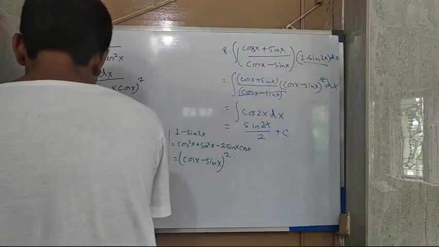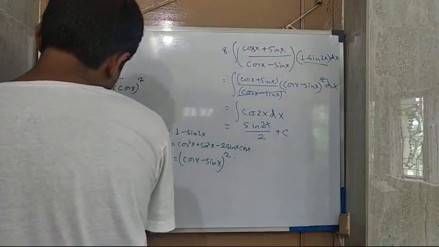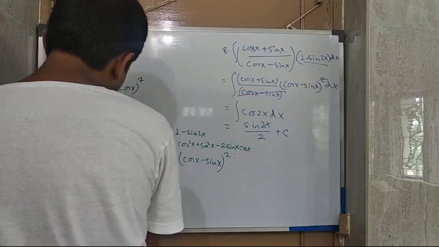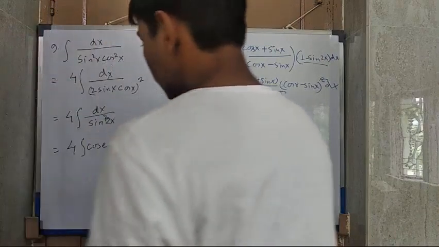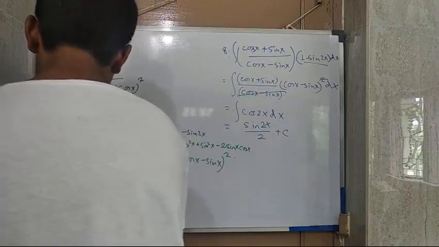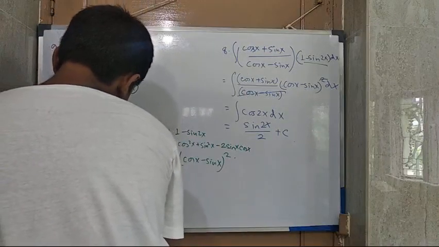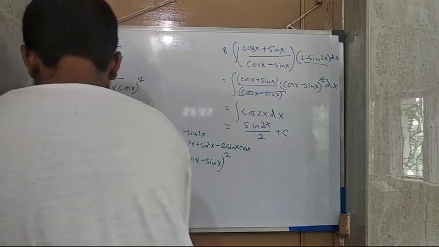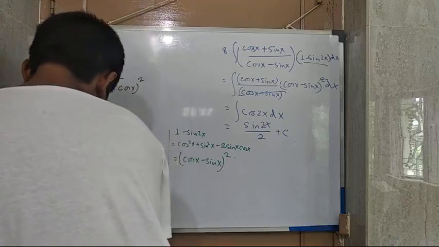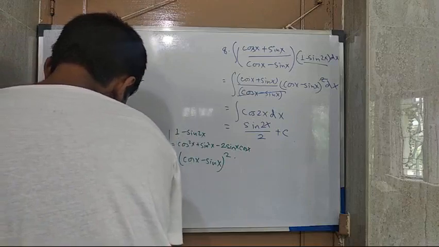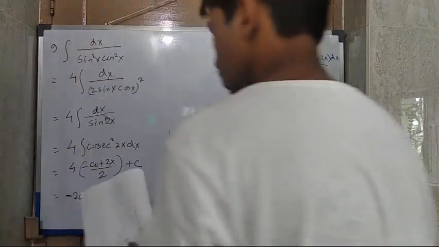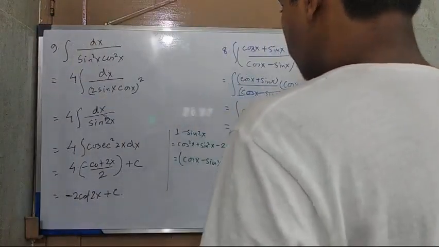So that means this can be written as 4 times cosec squared 2x dx, and this is a standard integral, which is 4 times minus cot 2x by 2 plus c. Let's simplify. It is minus 2 cot 2x plus c. So this is the answer for the ninth question.